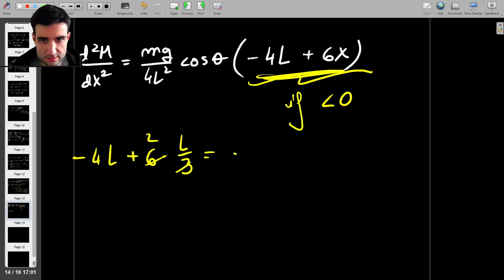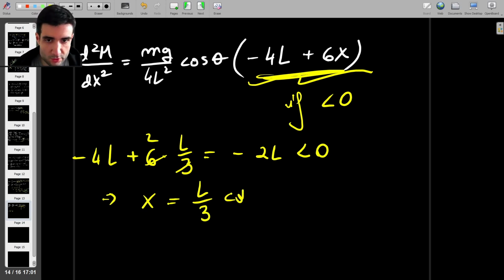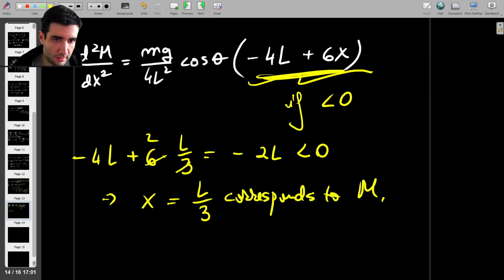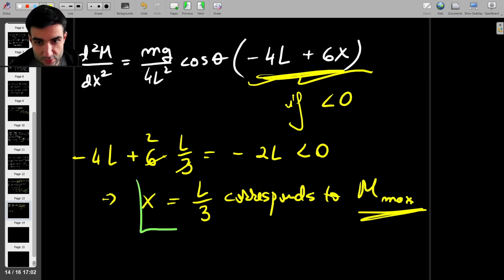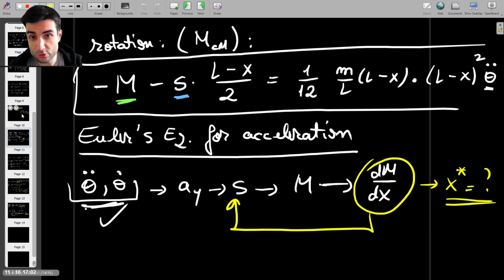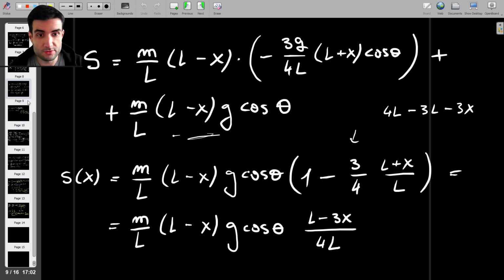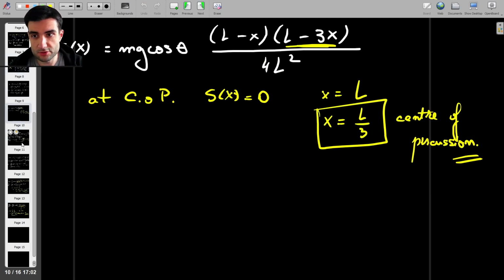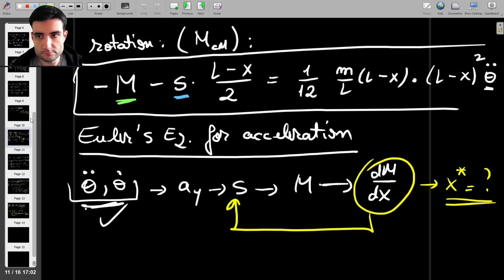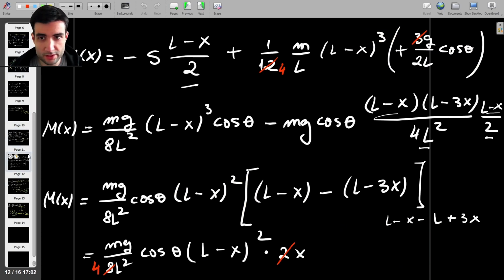So that is minus 2L and it's negative, which means that x equals L over 3 corresponds to the maximum. And because it's at x equals L over 3, this also corresponds to the center of percussion of the bar, which we did somewhere here.